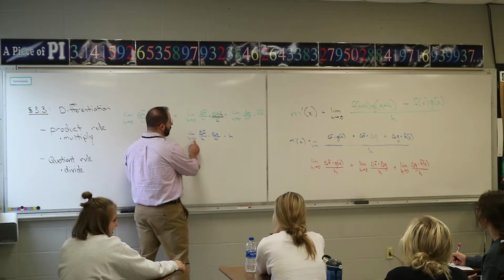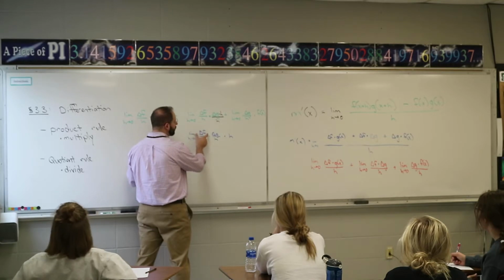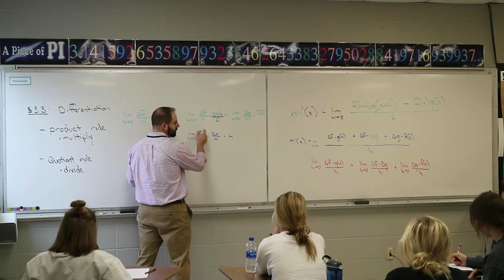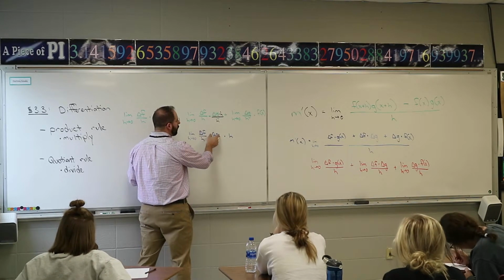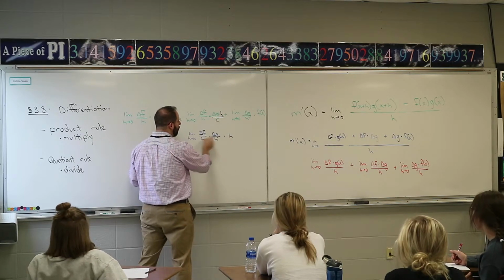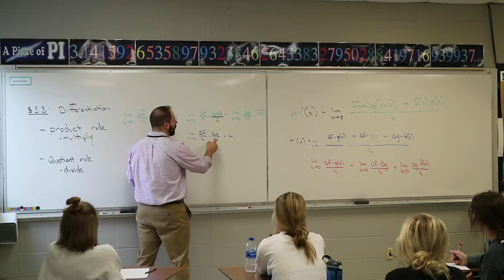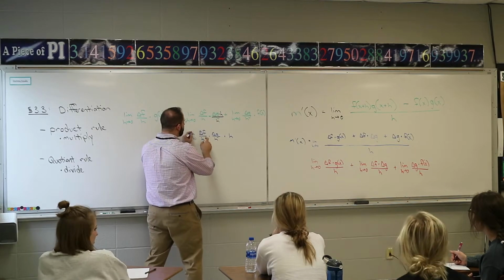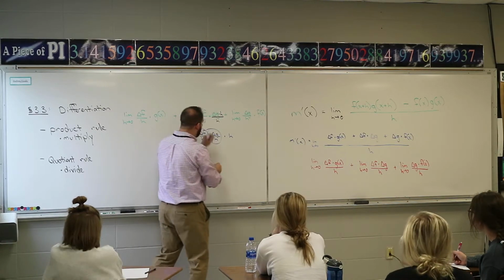So when I'm evaluating the limit as h goes to 0, these are the derivatives, because that's the difference. But when this turns out to be 0, what's 0 times all of this? Zero.